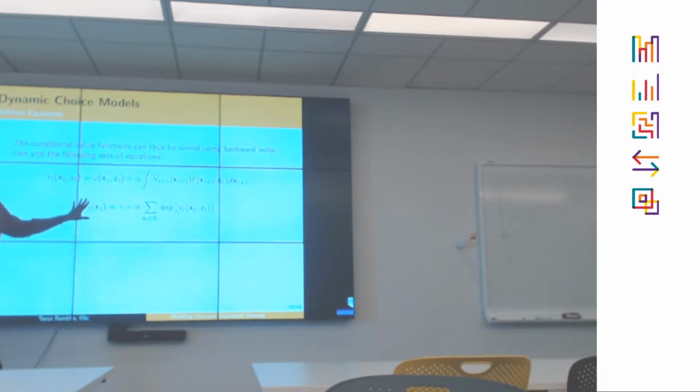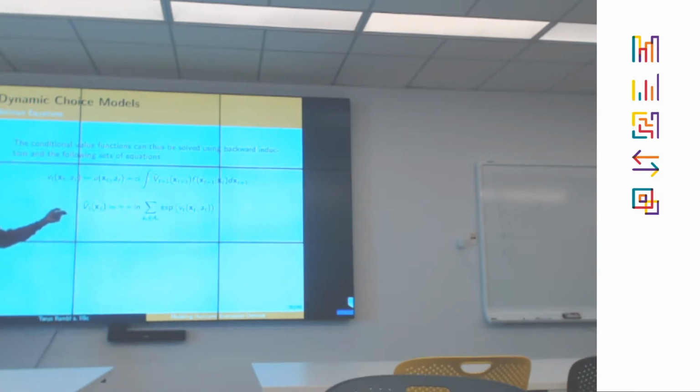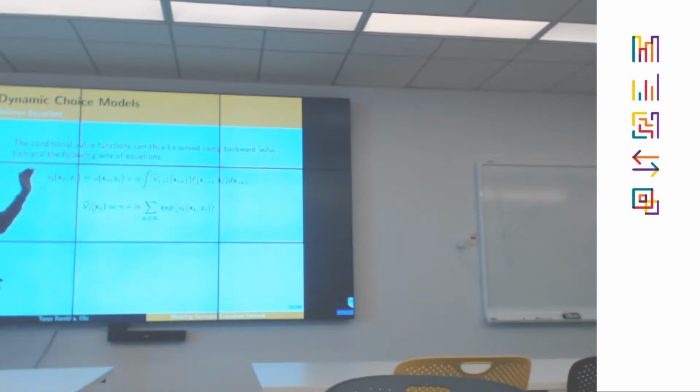So you can compute your ex ante value functions and switch time and reduce it by 1 step and plug it in here to get the value functions at the previous time step. So the conditional value functions go in here, and then you get the ex ante value functions at capital T minus 1. So you plug it in here and then get conditional value functions at capital T minus 2 and so on. So this can be plugged into a backward induction algorithm, and the goal is, again, like I said, to compute these conditional value functions small v(x, a).